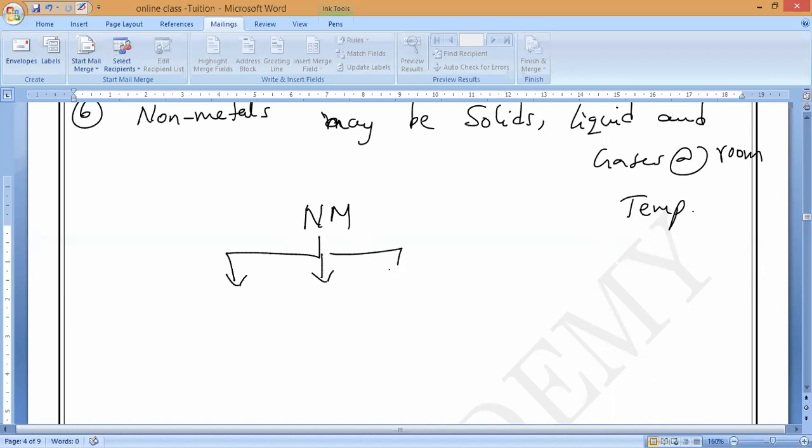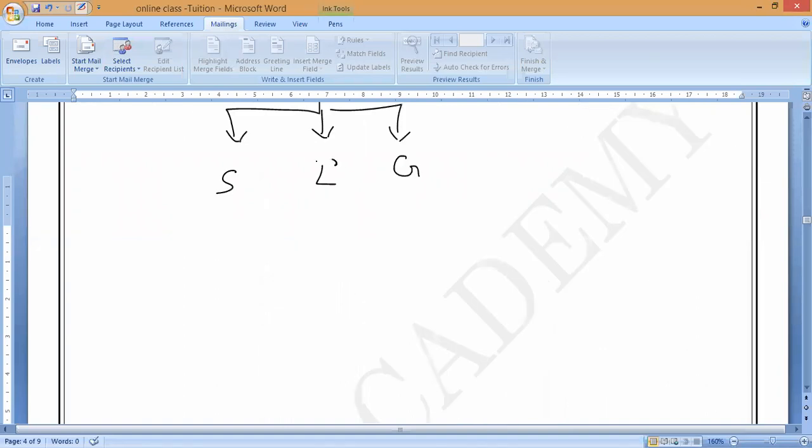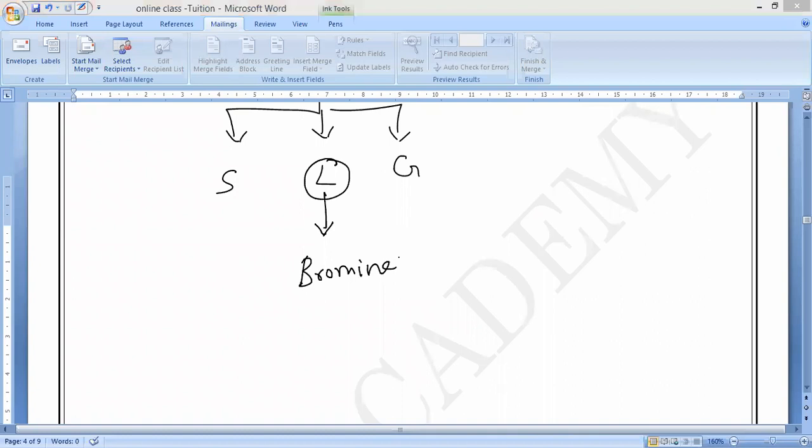Solid, liquid and gaseous. The only liquid non-metal is bromine. Bromine is the only non-metal present in the liquid state.